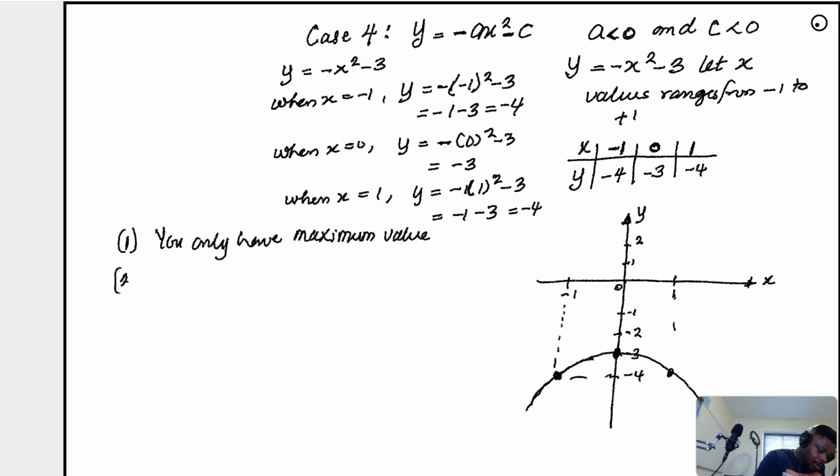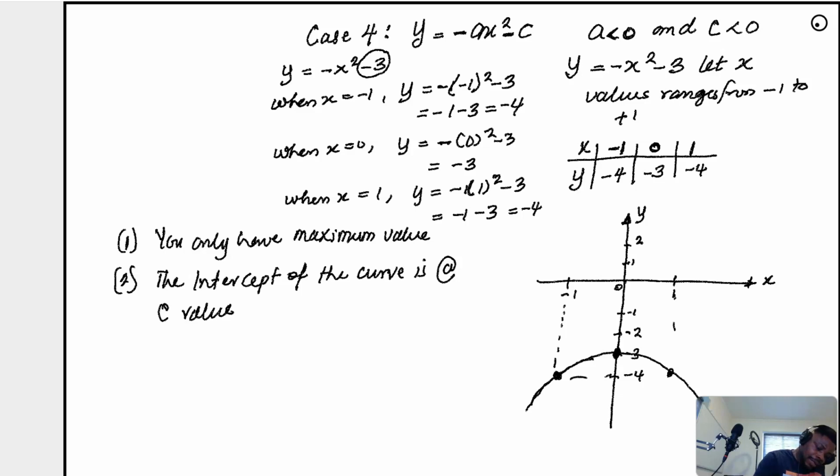Okay? And 2 is that the intercept of the curve is at C value, because our C value is -3 and the intercept is -3, where the curve intersects the y-axis.